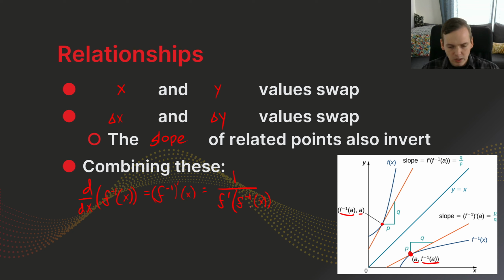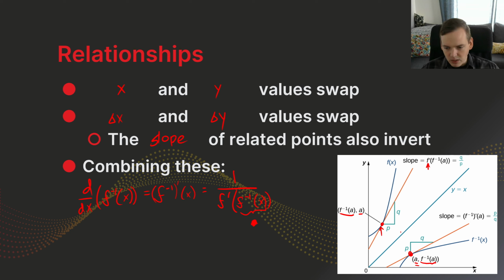So what we're trying to do here is f inverse of x is giving me this point. If I plug in a, I get f inverse of a out here. So if I have a value a, or in this case a value x, then I get out, when I plug in the function, this f inverse of a. Then over here, to find this slope at this point, I need to plug in this x value.